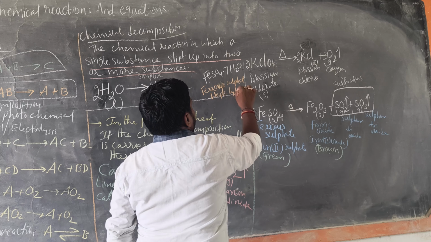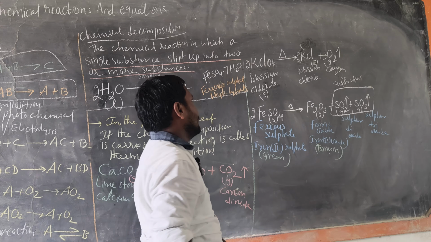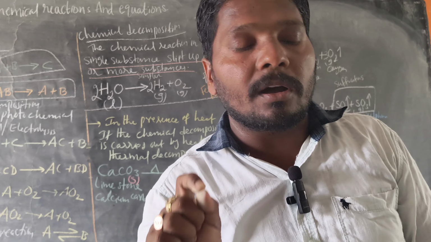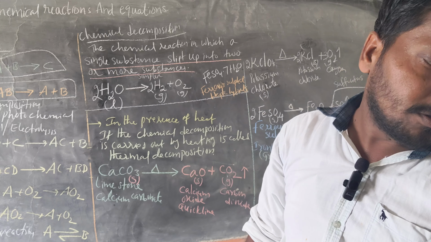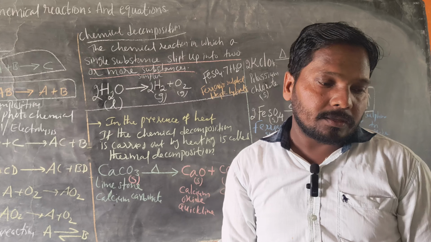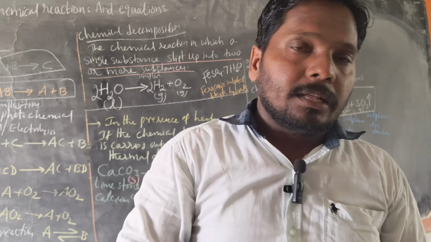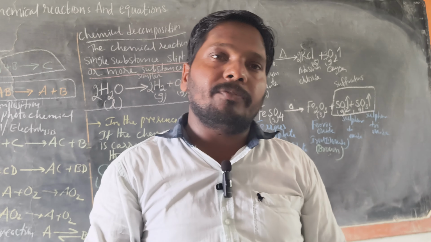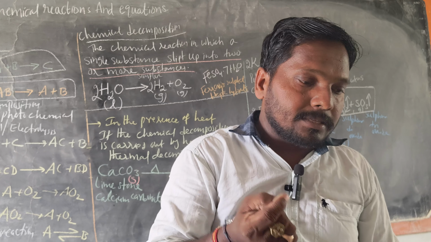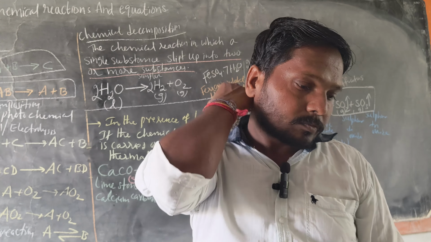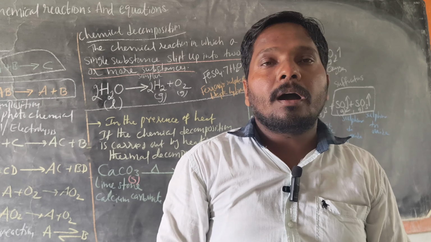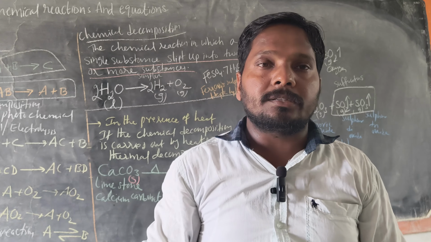Ferrous sulfate heptahydrate means ferrous sulfate consists of 7 molecules of water. The iron sulfate or ferrous sulfate crystals have green color because they have 7 molecules of water. The color is given by that.